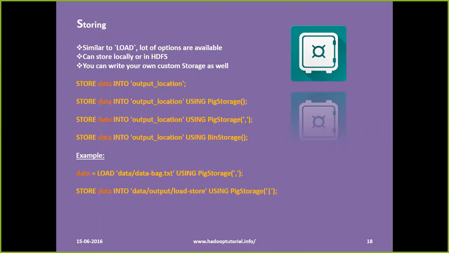Then only it makes sense to store it back. Otherwise, what is the need for storing the same? Similar to load, a lot of options are available here. You can store locally or in HDFS, and we can write our own custom storage classes as well. But let's not worry about that now.